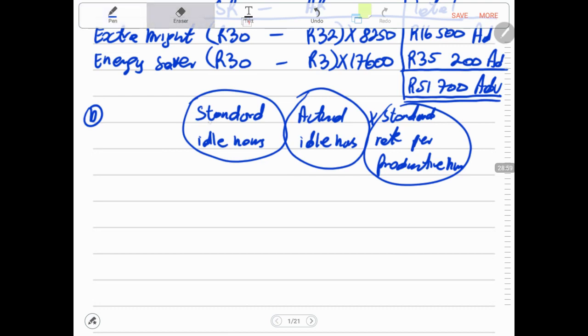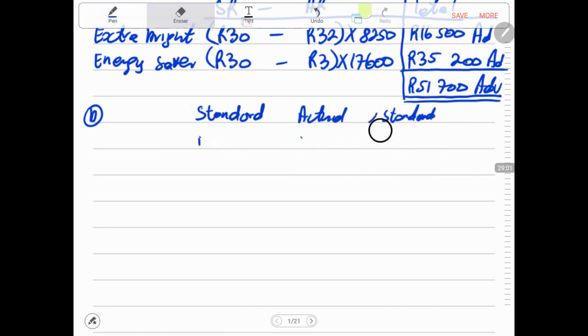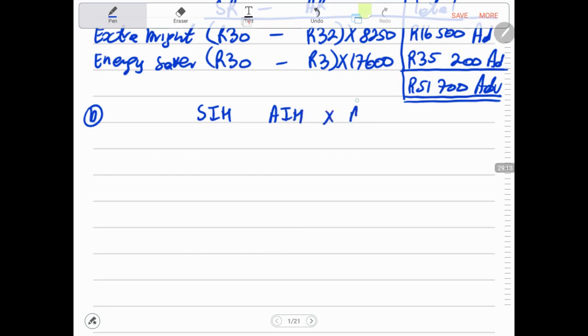Then now, let me use abbreviation because this will consume more space for me, but that is what you'll be writing. We have standard idle hours, vice versa, actual idle hours. Multiply this by the standard productive rate.